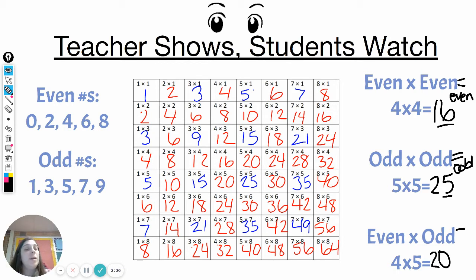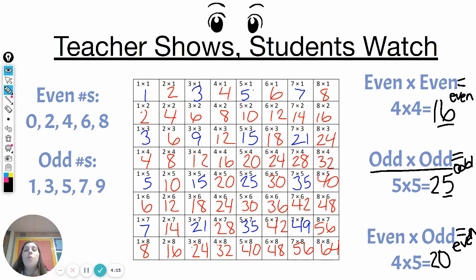So when we do an even number times an odd number, it will still equal an even number. If you're looking at this pattern, anytime you multiply with an even number, you're going to get an even answer. The only time you get an odd answer, or an odd product, is when you do an odd times an odd.